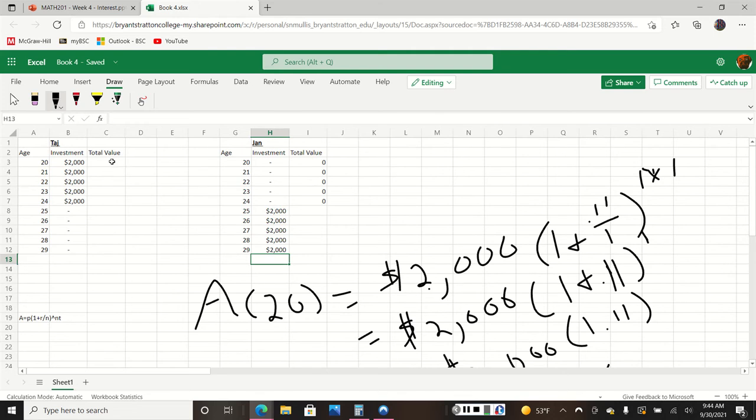If we go up here, the total value after that first year is $2,220.